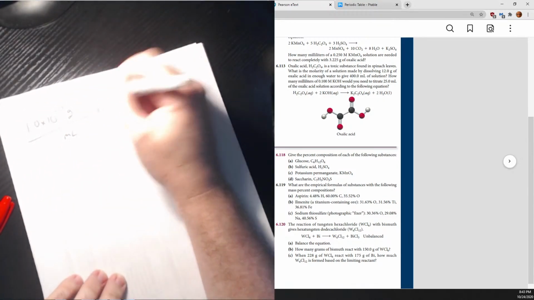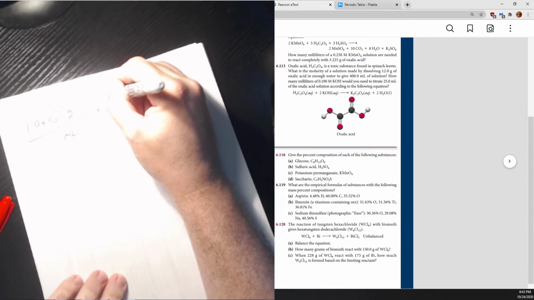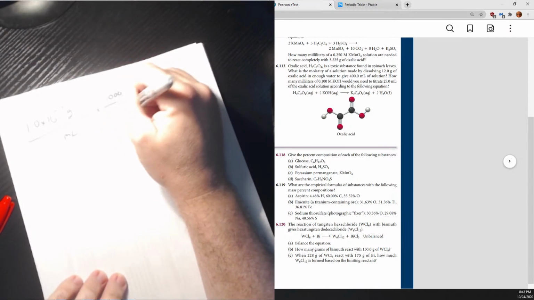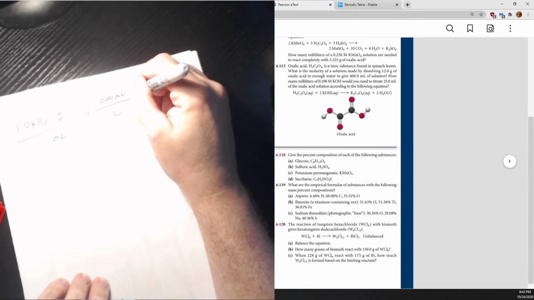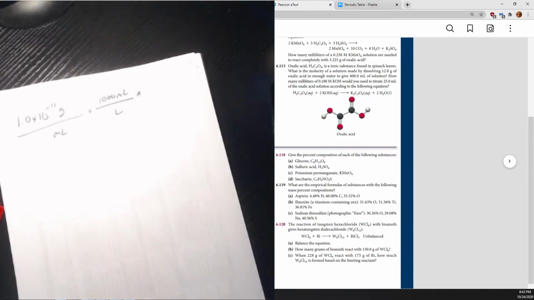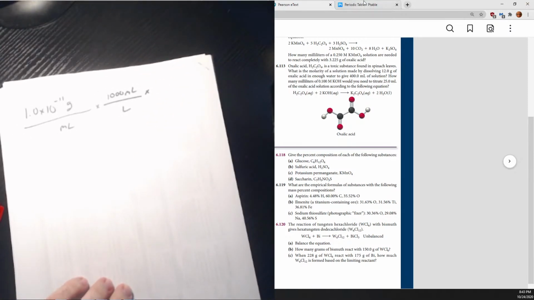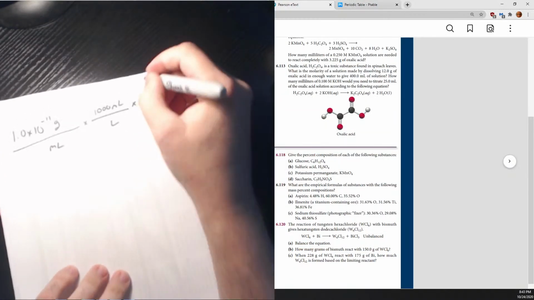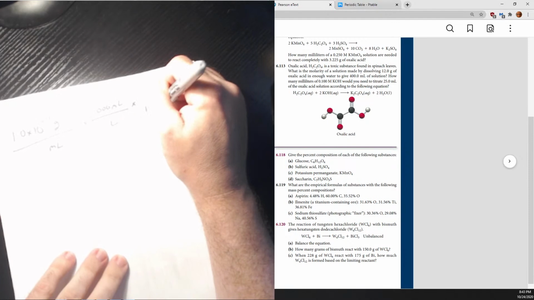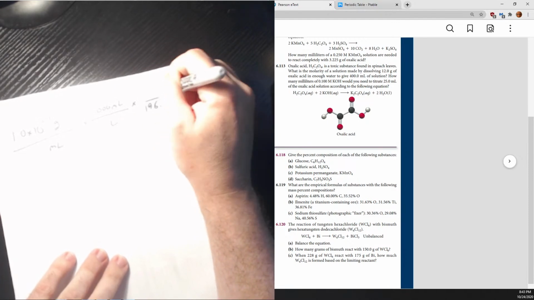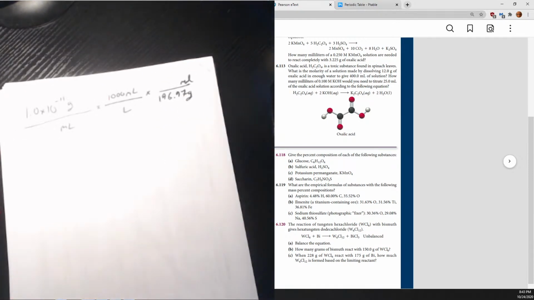Well, it's going to be easy to switch to liters. So 1,000 milliliters per liter. Then to switch it to moles, we're going to need the molar mass of gold. Gold is 196.97 grams per mole.